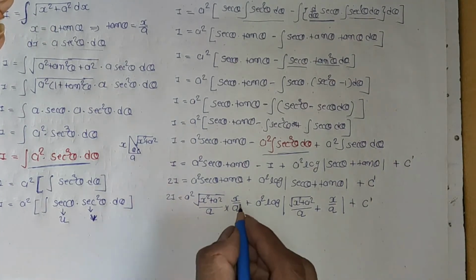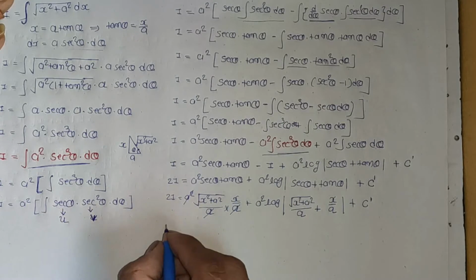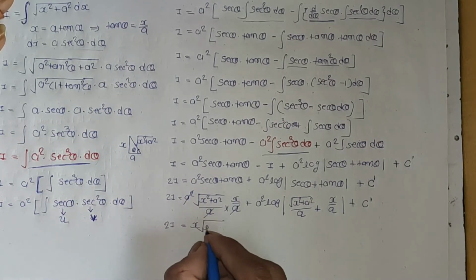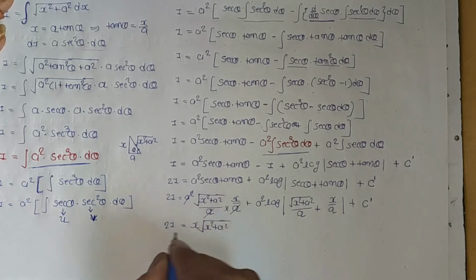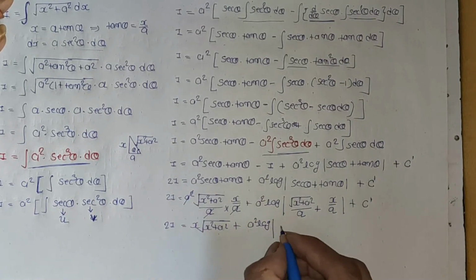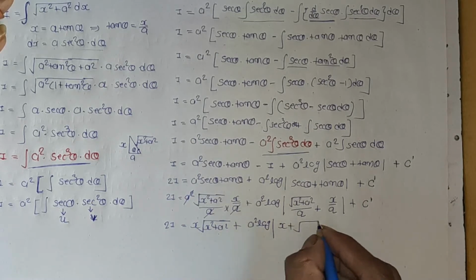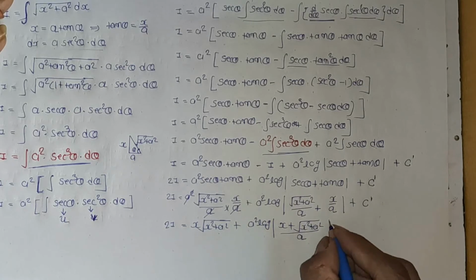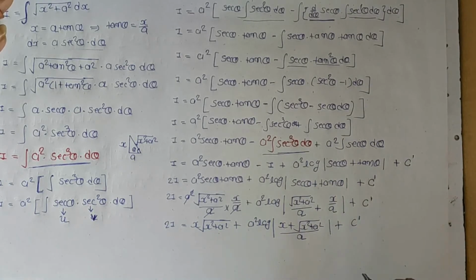Now a square cancel, 2I is x square plus a square log mod x plus square root of x square plus a square plus c dash.